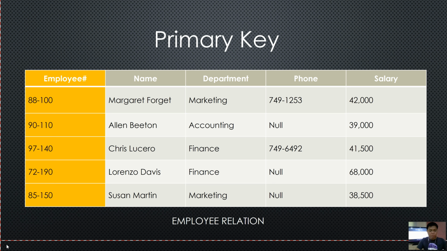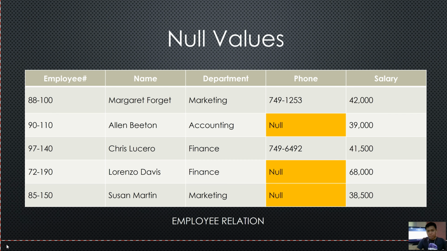A null value, which is highlighted in yellow, represents attributes whose values are unknown or do not exist for some individual employee tuples. The attribute employee number, again, is the primary key of the relation.